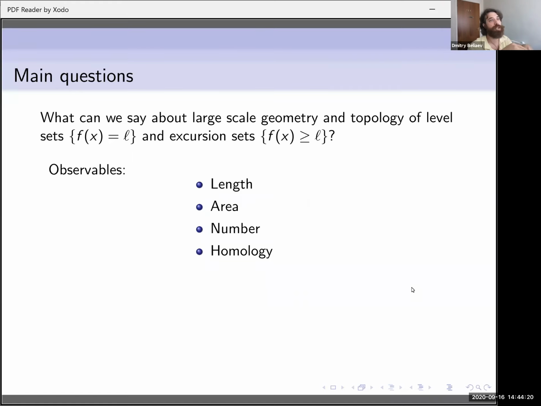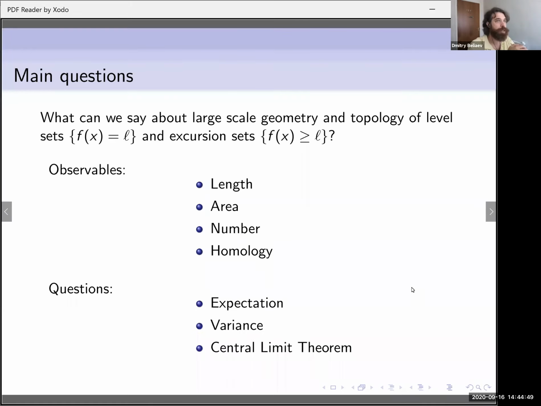So level set generically looks like a collection of curves. Or excursion sets, they're sets where function is above a certain level. And then what kind of questions you can ask, like what is the length of a curve, what is area, how many components, what can we say about topological properties, and so on.